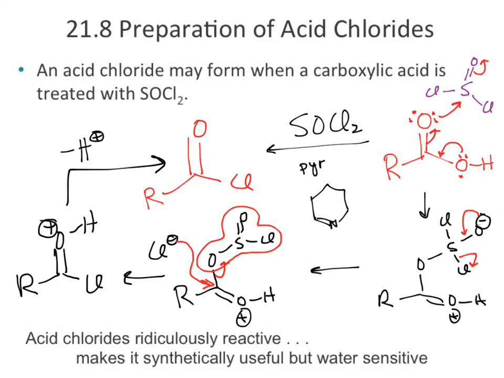What can you tell me about pyridine? It's a pretty decent base. Okay, it's not a strong one, but it's a pretty good base. Not only is it basic, but it is not nucleophilic because it's super large. That was my interpretive dance. Good. Okay, so that can help us eliminate or remove that hydrogen and help facilitate the reaction along.